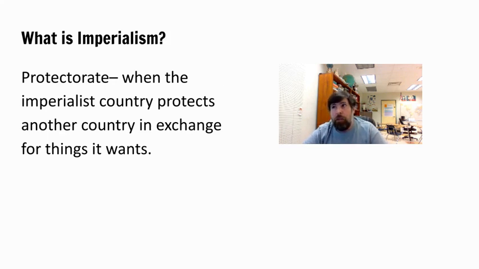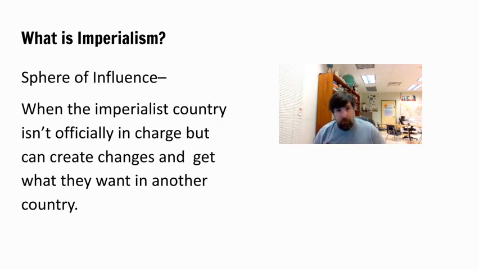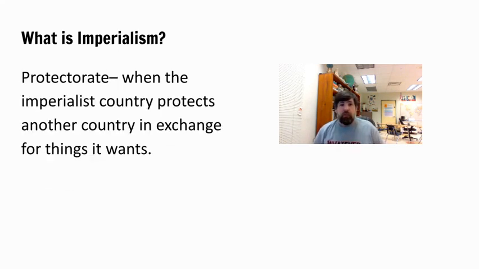And Panama was okay. So that's another kind. So we've got colonies, which is the most intense, and then spheres of influence, which are a little bit less intense. And then there's protectorates where they're still being imperialist. They're taking over another place, but they're doing it with a nice look to it. Oh, we're protecting you. Okay.